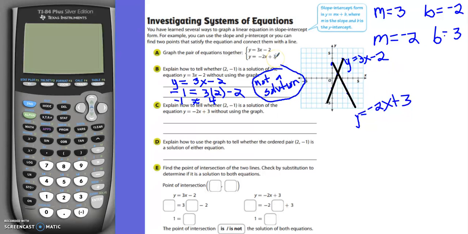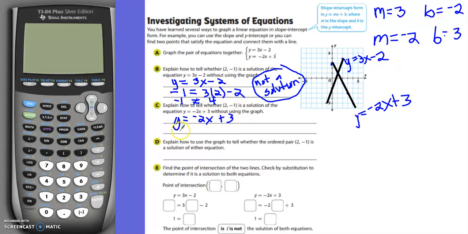Okay, let's look at C. Tell whether 2, -1 is a solution of -2x plus 3. You can do the same thing. Y equals -2x plus 3.